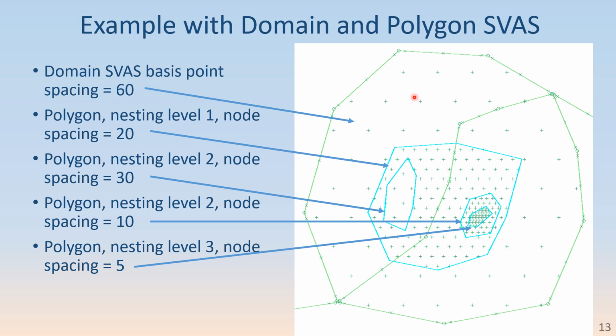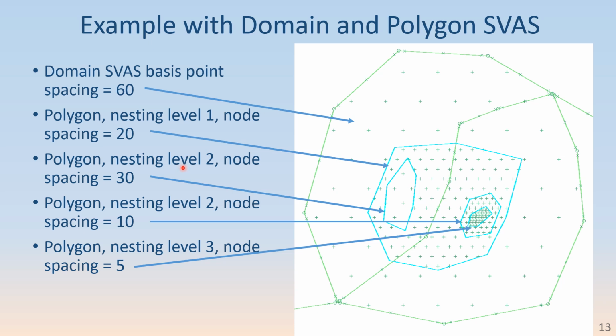That leads to all of these basis points, which are on a regular hexagonal grid. We have several polygon SVASs as well, bounded by the cyan colored lines here. We have one at nesting level 1 with a node spacing of 20, and that's this outermost one here. The spacing is again a hexagonal grid of basis points inside that, but the spacing is 20 compared to 60 on the outside.